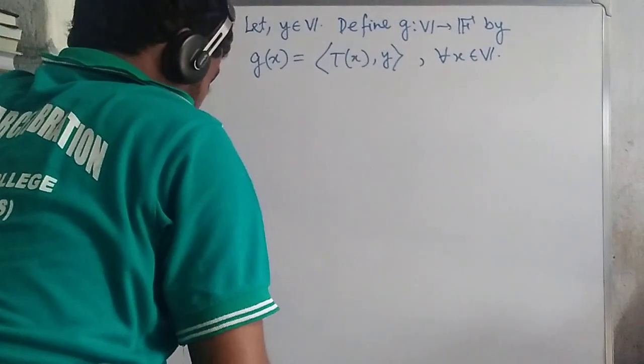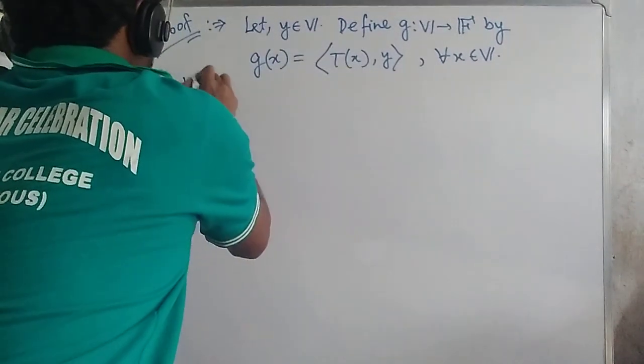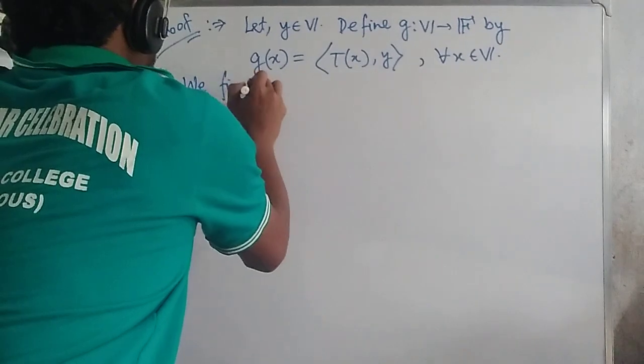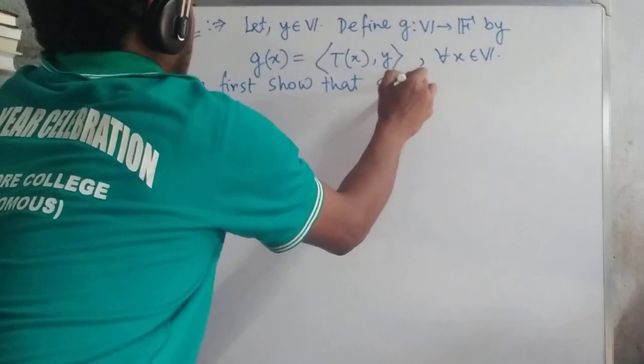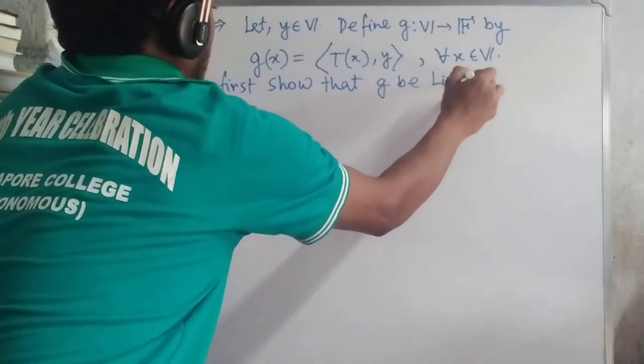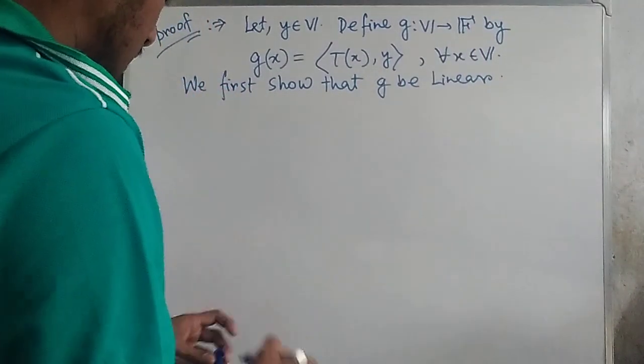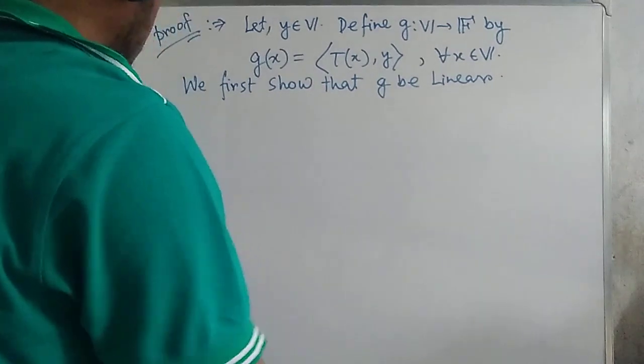Then what happened? We first show that g is linear.